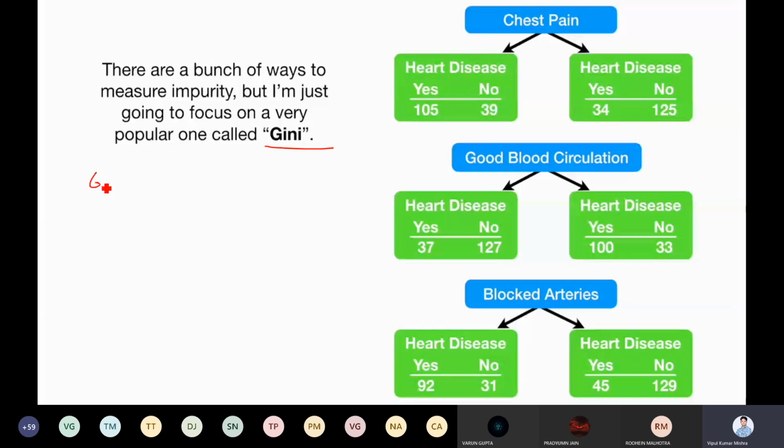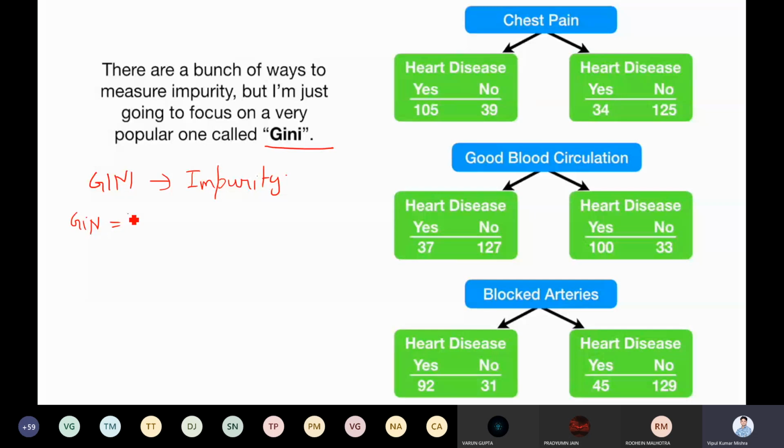This Gini score is an indication of impurity. Now, what should be the maximum and minimum value? How exactly is the Gini score computed?